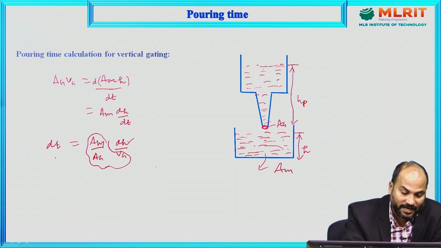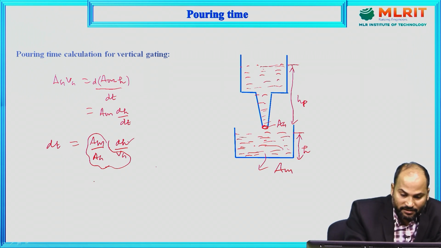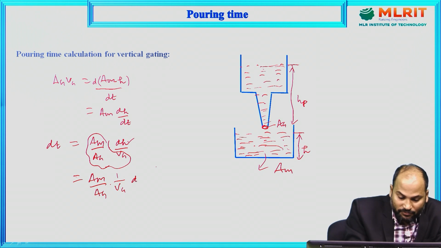So what we can write, this dt is equal to simply AM upon AG, area of the gate, 1 upon this Vg, velocity of the gate, into dH.